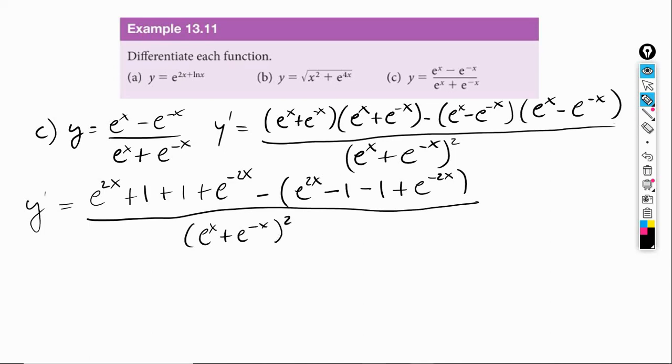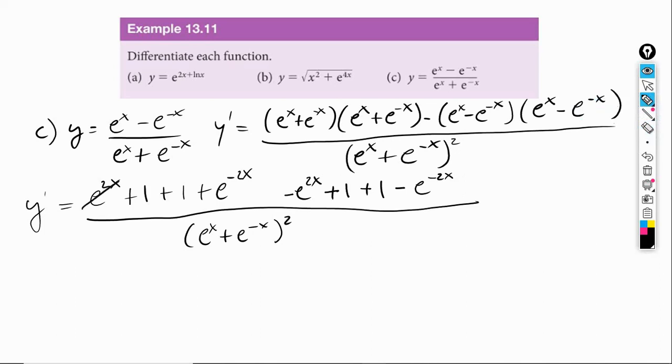Okay, so let's see if we can simplify the expressions above. Let's start by changing the signs in the parentheses. So this will be minus, this will be plus, this will be plus, and this will be minus. And then I'm going to get rid of the other symbols just to not get confused. So this goes, this goes, this goes, and let's see if we can simplify.